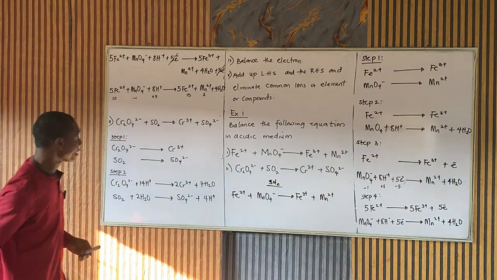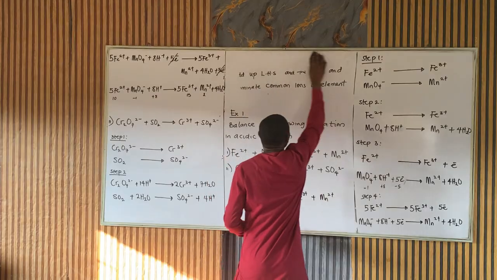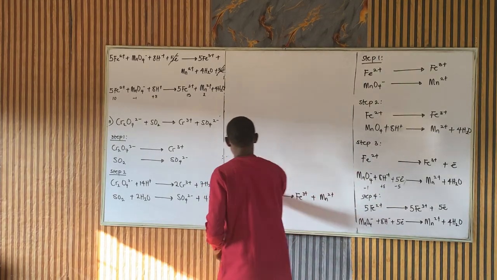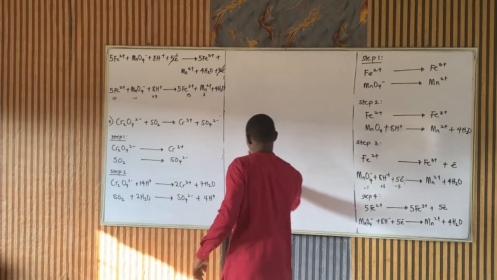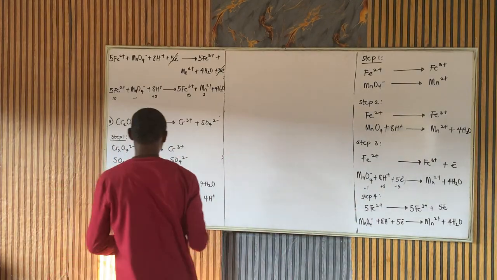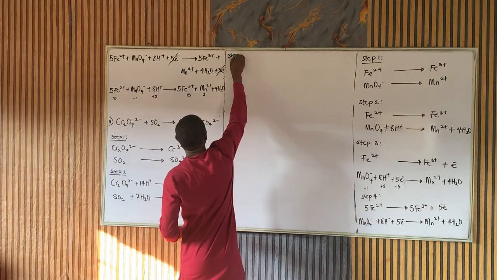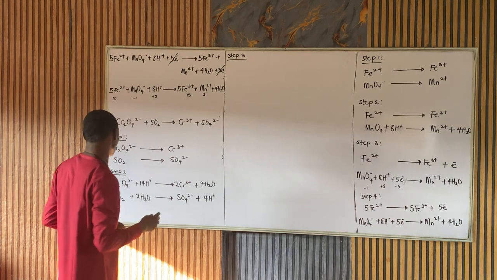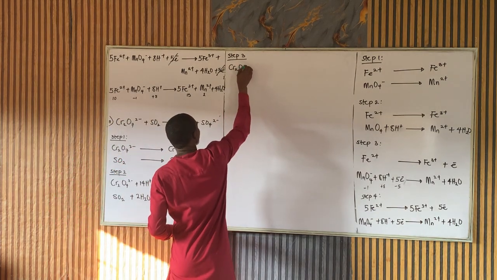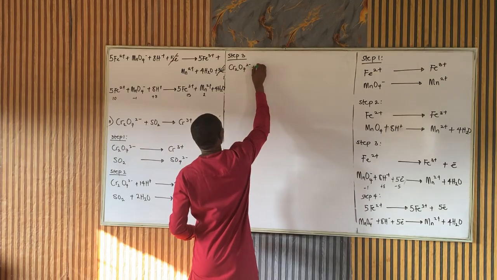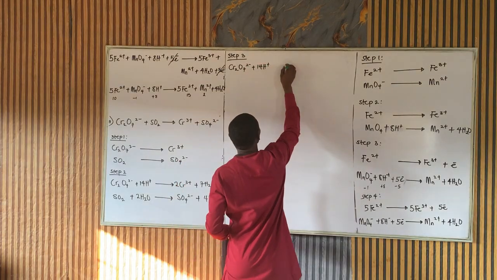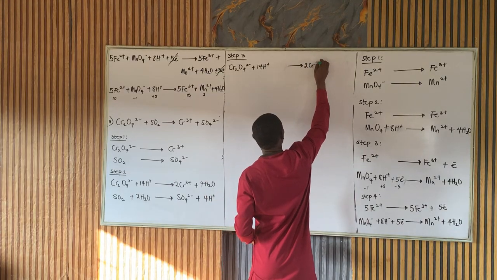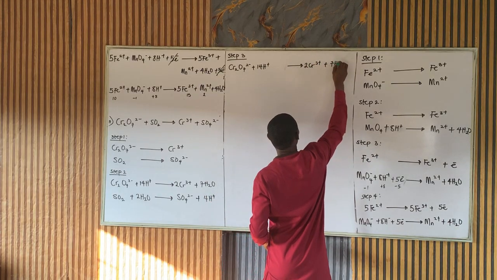Then let's move to step 3, step 4, and step 5. So for the next step, which is step 3, which says balance the charge. Looking at this now, Cr2O7 2 minus plus 14 hydrogen ion, which gives Cr3 plus 7 molecules of water.